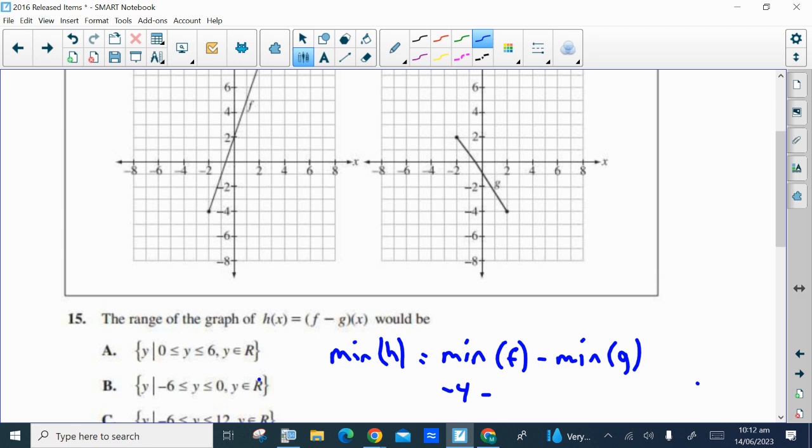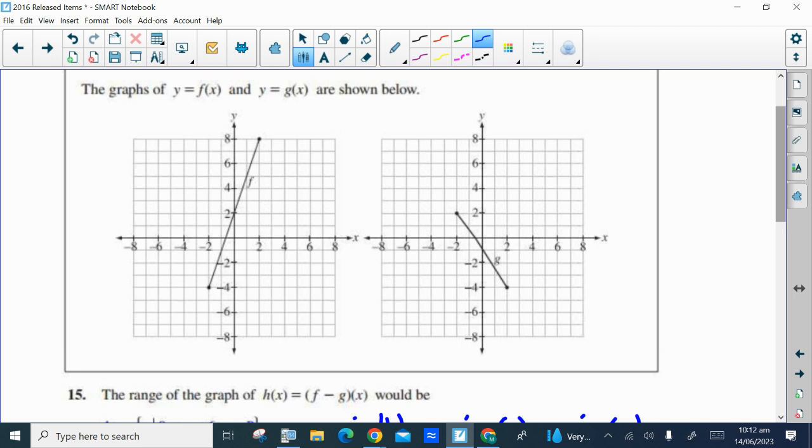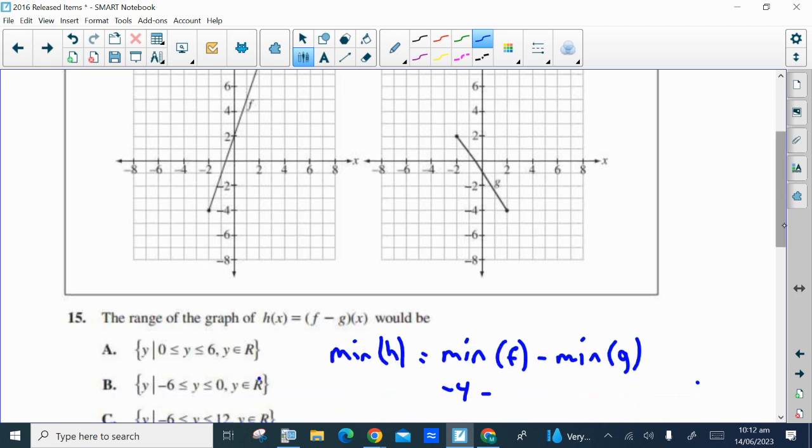Because it asks for the range, right? And just to be sure, x goes from -2 to 2, x goes from -2 to 2, so that would be the same. To get the minimum value here, you'd have to take the minimum value of f, and you'd actually have to subtract +2.